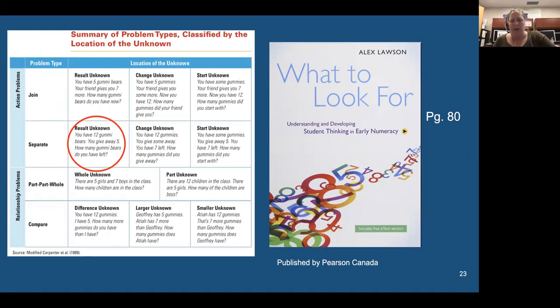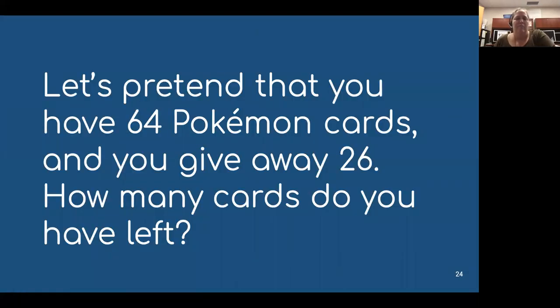So if we were going to write, we're going to take a look at a subtraction problem that is a separate result unknown. So let's pretend that you have 64 Pokemon cards and you give away 26. How many cards do you have left?